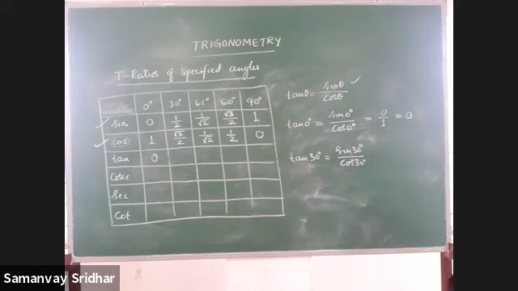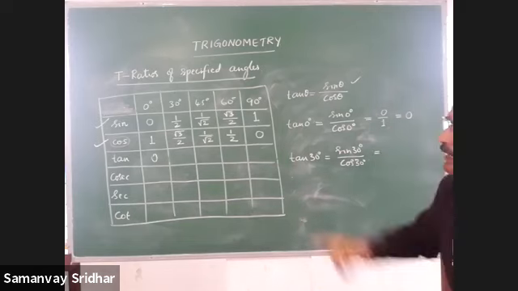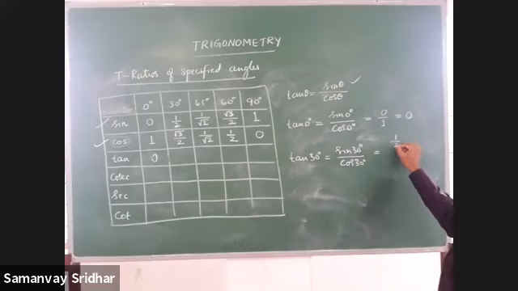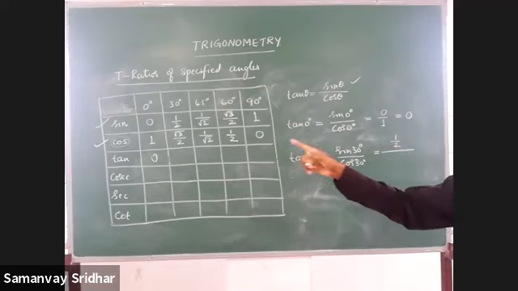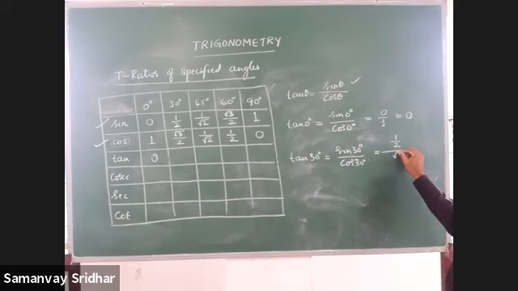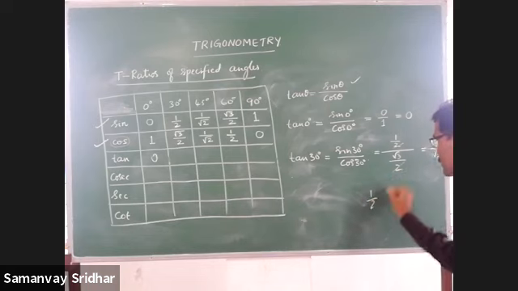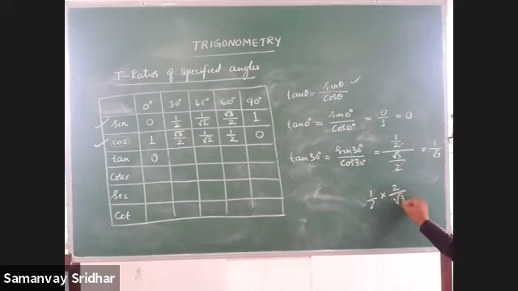Then we have to go for tan 30. What is the value of sine 30? 1 by 2. What is the value of cos 30? Root 3 by 2. The denominators cancel in both. What is remaining? 1 by root 3. When we change the division into multiplication, we have to write the reciprocal of the denominator. The 2 gets cancelled, so in the numerator we have 1 and the denominator is root 3.